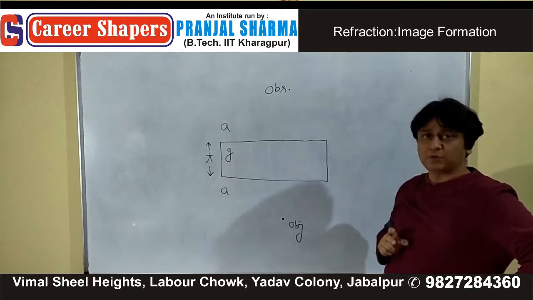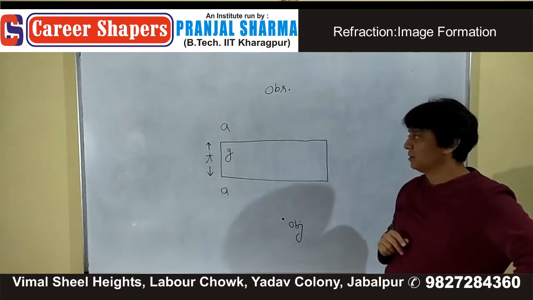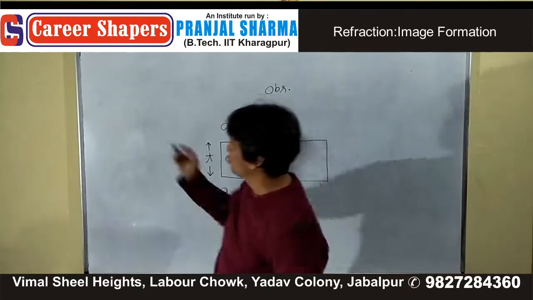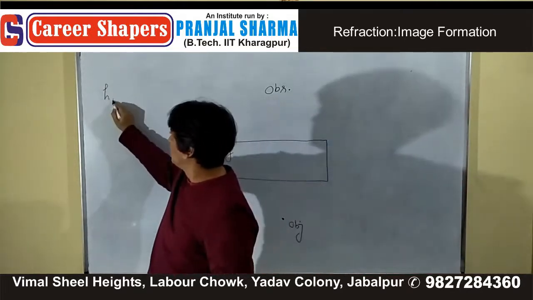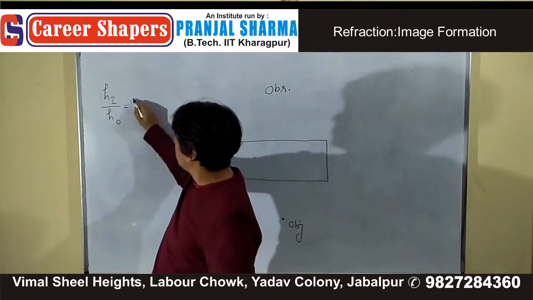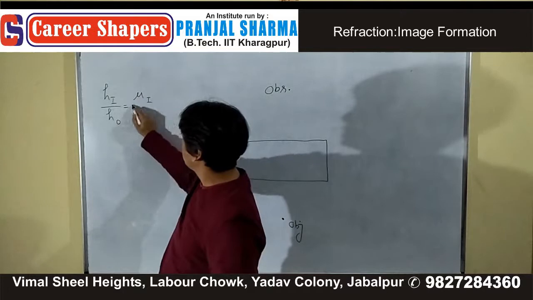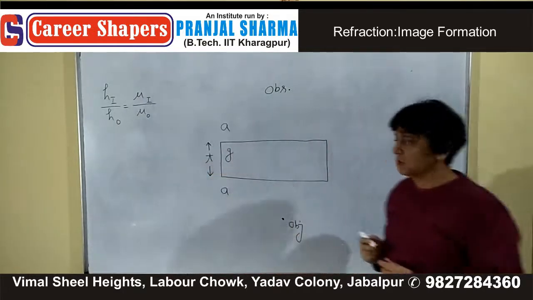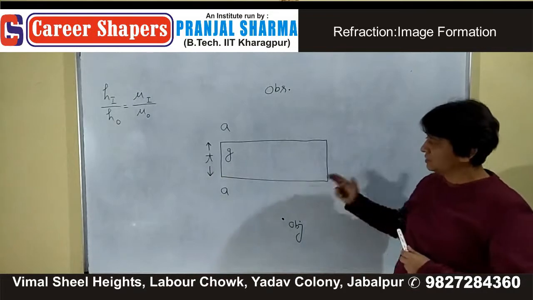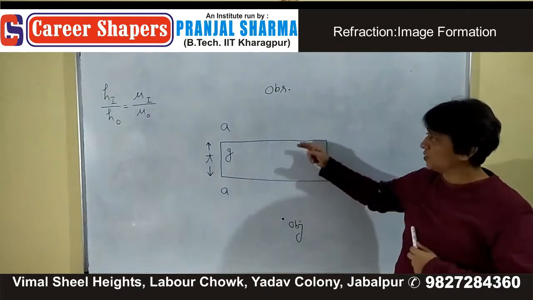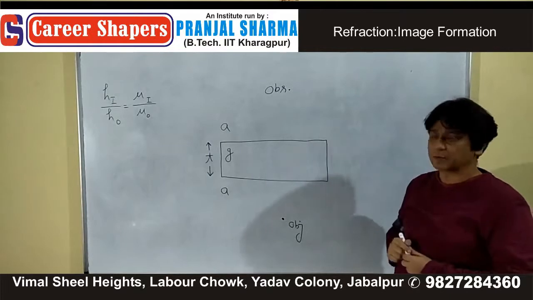That means you have to use that image formula, Hi upon Ho equals mu I upon mu O, twice. Once from air to glass and then from glass to air.